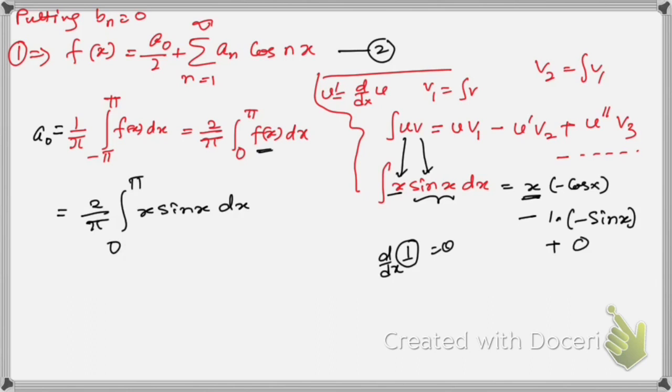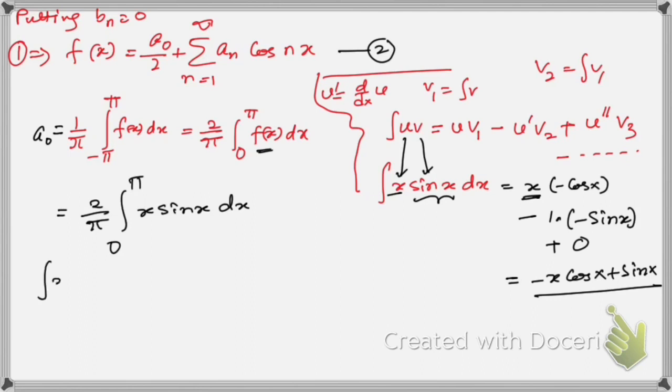So next term will be equal to 0. So hope you have understood this. So that's why what we have got is minus x cos x plus sin x. That is what we have got, integration of this. So integration of x sin x dx is equal to minus x cos x plus sin x, right?